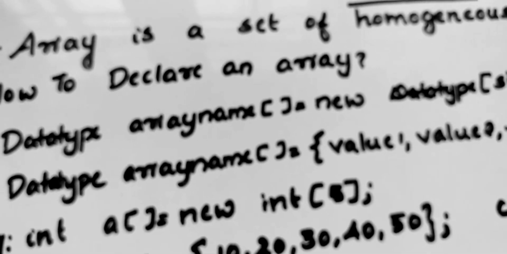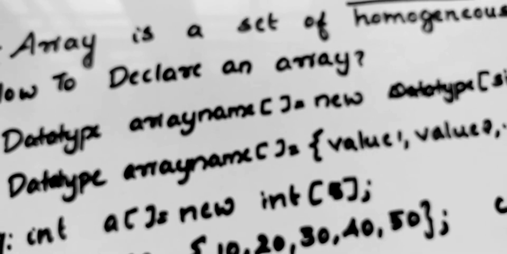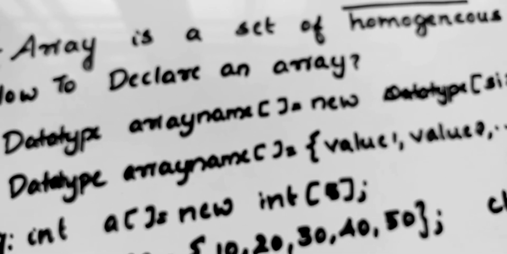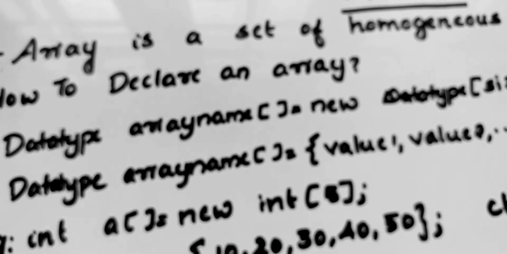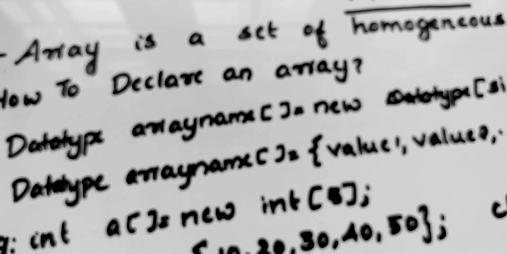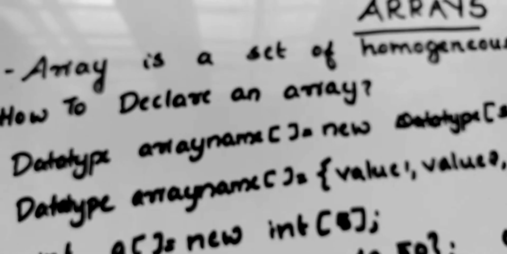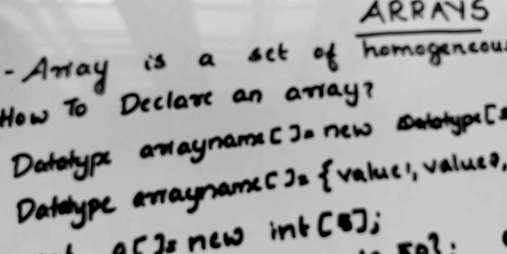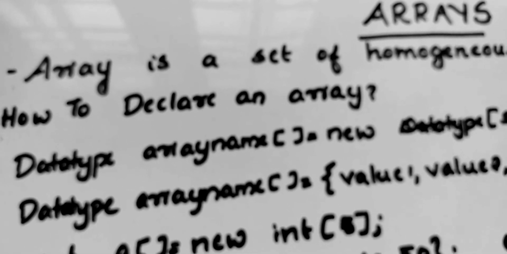So in order to add or multiply 100 numbers or 1000 numbers, we can store the values in an array. By storing the values in an array, we can easily calculate the sum of the elements. So, in order to store a large amount of data of similar type, we use an array.